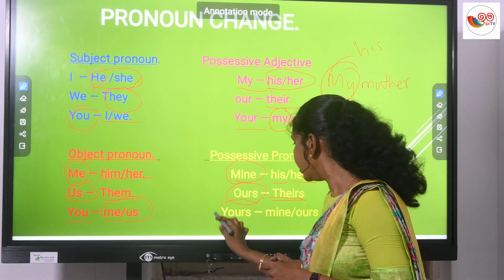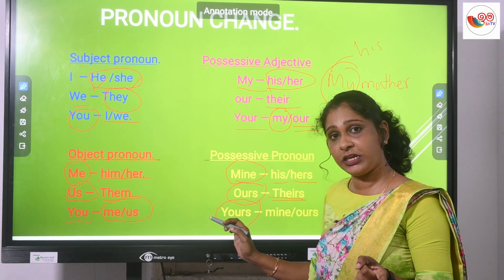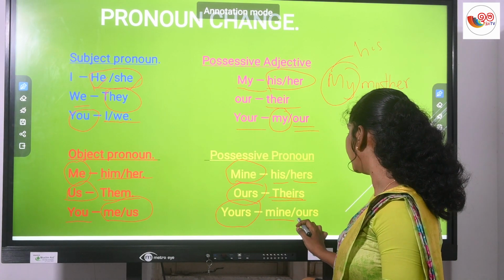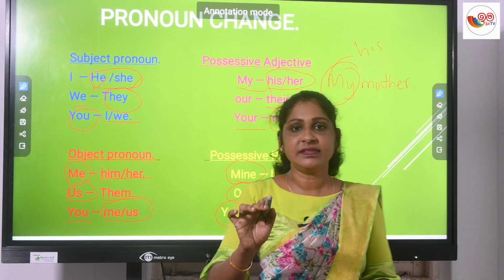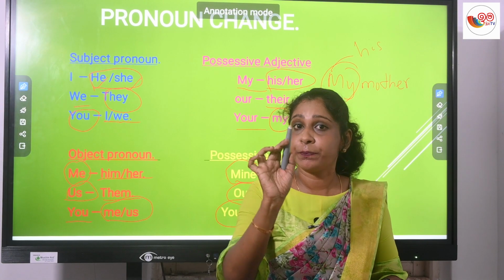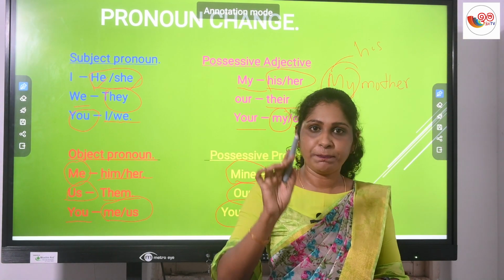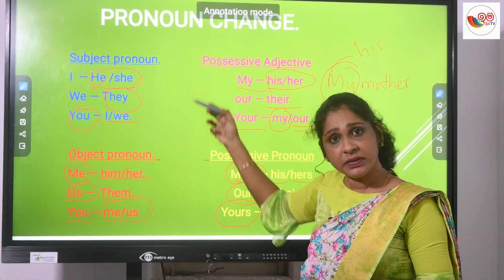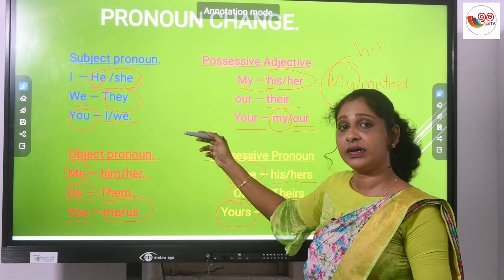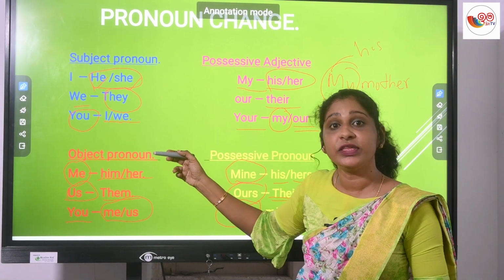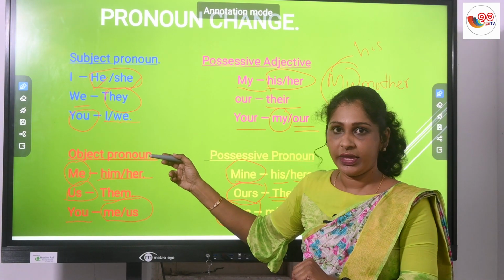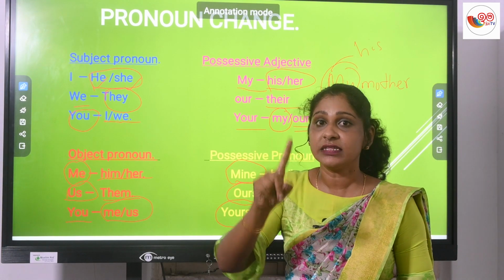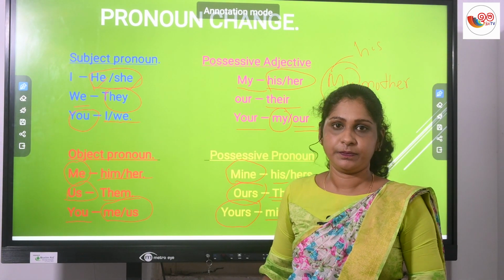If you have yours in direct speech, you change it to mine or ours. This is about pronoun change. So please go through these changes and remember them. If you remember, you can easily change them when you do the activity. That's all about the first change, the pronoun change.